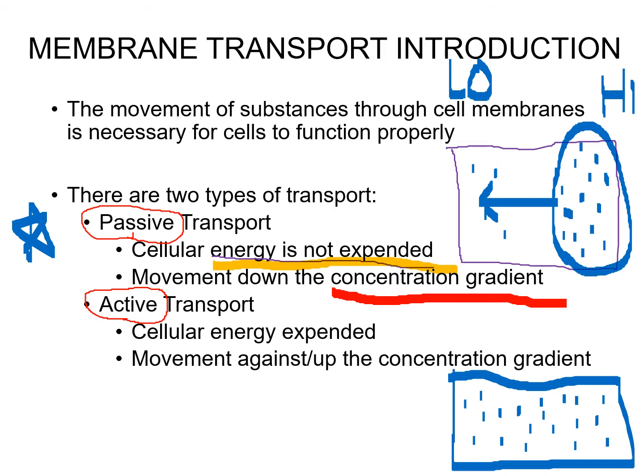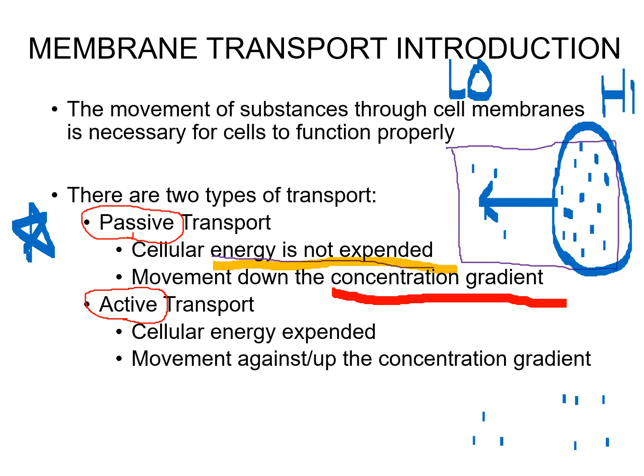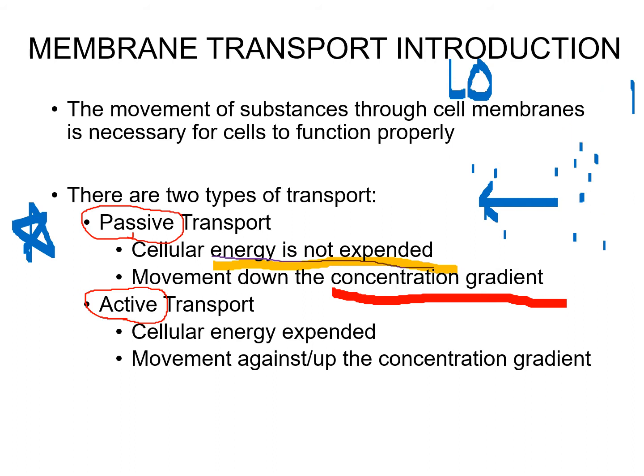One more quick example, and then we'll move on to active transport, is oxygen. If you think about breathing every few seconds, what is happening? What's happening is, right before you take a breath in, you have more oxygen or a greater pressure of oxygen molecules outside of your lungs compared to inside.